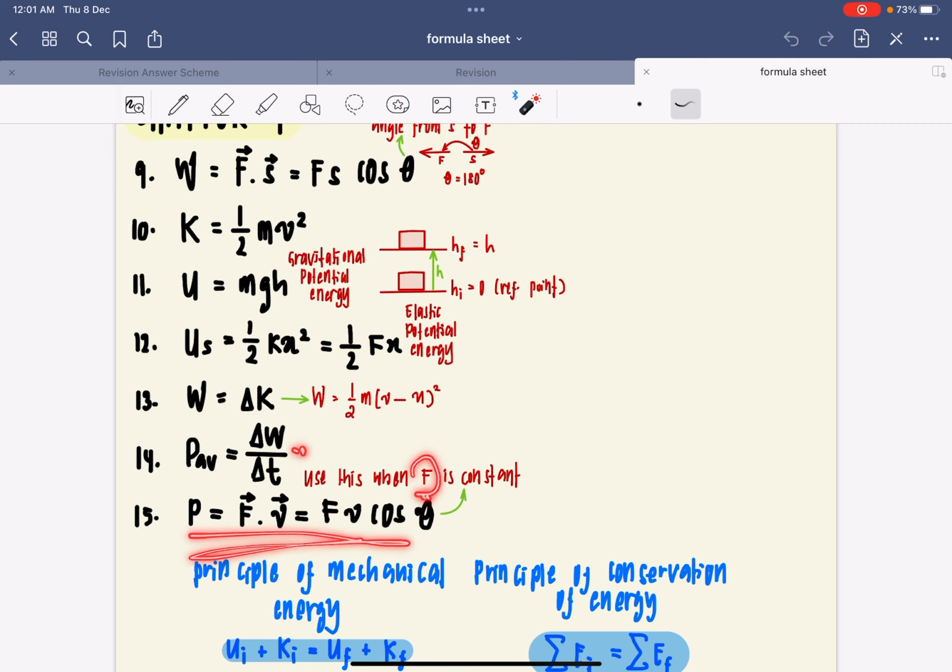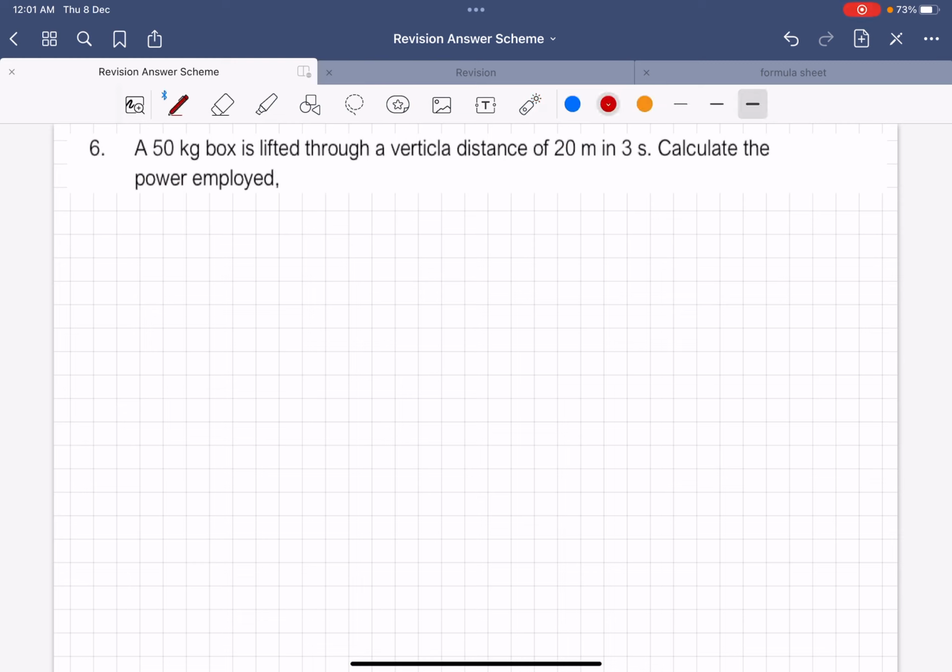You can use it depending on what information is available. So we have the mass of the box, which is 50 kilogram, lifted through a vertical distance of 20 meter in 3 seconds. So the distance is 20 meter, time is 3 seconds.